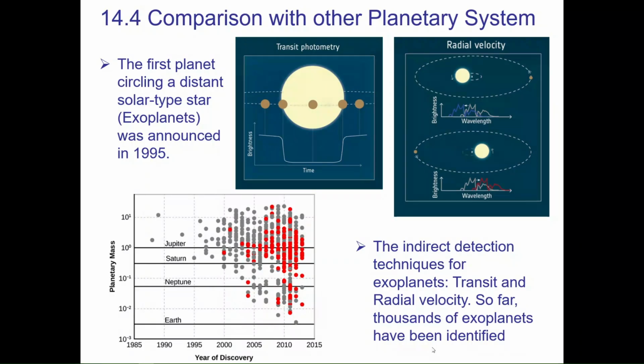We have known for a very long time that there should be other planets orbiting other stars. It was not until 1995 that the first planet circling a distant Sun-like star was announced, because it's almost impossible to directly image them.